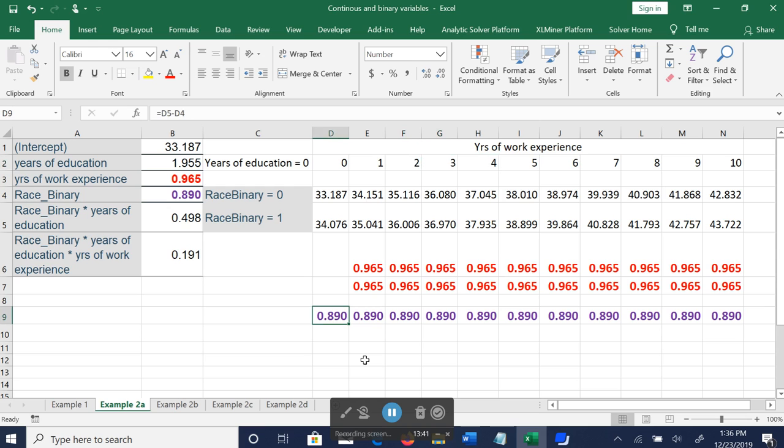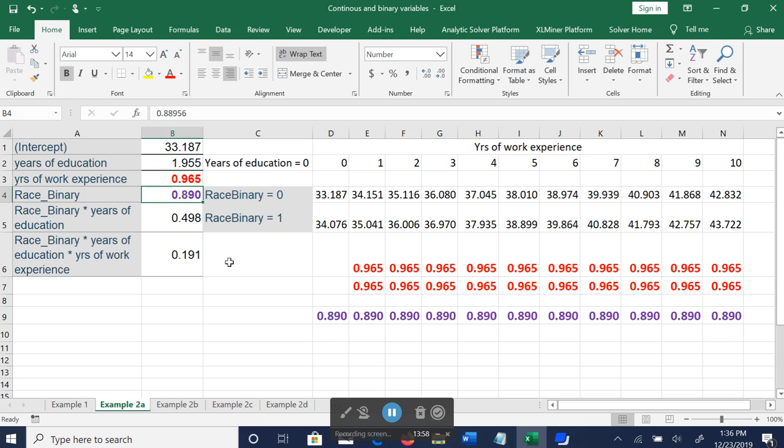This is the formula here. We subtract this from this and we get this. The same thing for here. We can just copy the formula over. And these correspond to these coefficients.